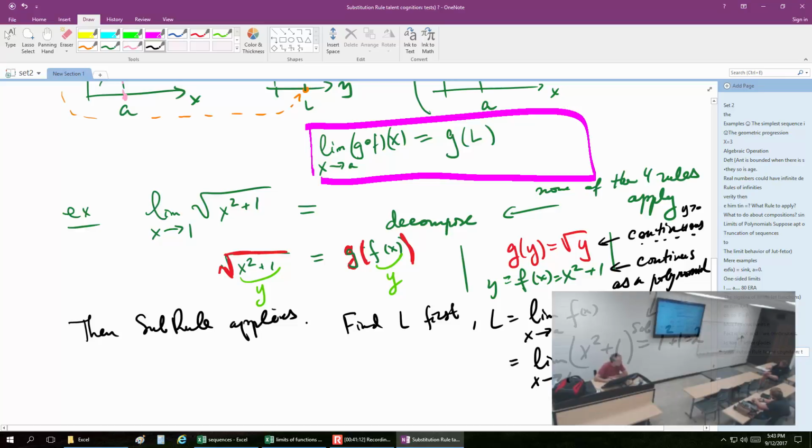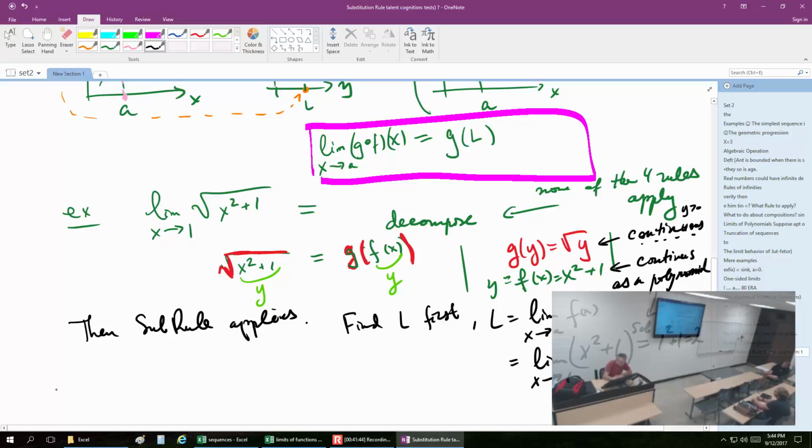So that's my L. As you can see, we split one function into two and deal with them separately. We're looking at L, so the function on the inside, function f, is continuous. We took its limit and found it because it's continuous. There we have our value of L, which is the only value for y that we care about. At this point, we don't really care about the rest of the values.